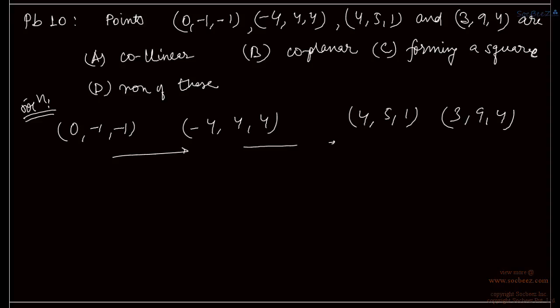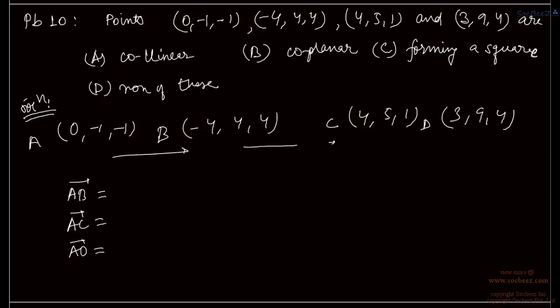So for these 4 points to be coplanar, we define vectors. This is point A, this is point B, this is point C, this is point D. Let us define vector AB, vector AC, and vector AD.